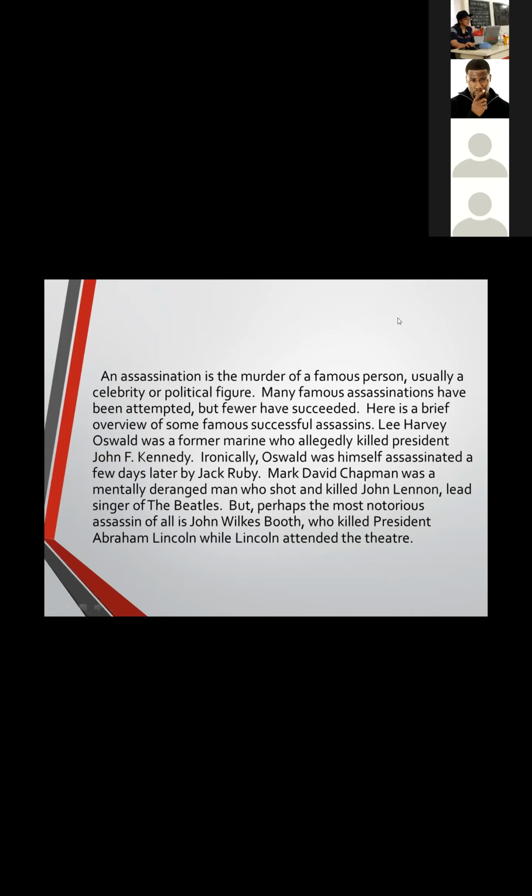Lee Harvey Oswald was a former Marine who allegedly killed President John F. Kennedy. Ironically, Oswald was himself assassinated a few days later by Jack Ruby.